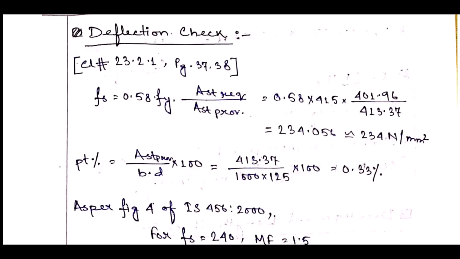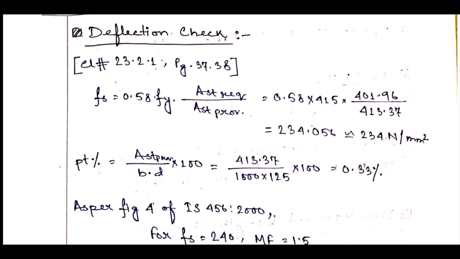Now we have to check. Our first check is the deflection check. From clause number 23.2.1 and figure 4 of IS 456, to find the modification factor, first of all we have to use the formula of fs, which is just below figure number 4 of IS 456 2000.